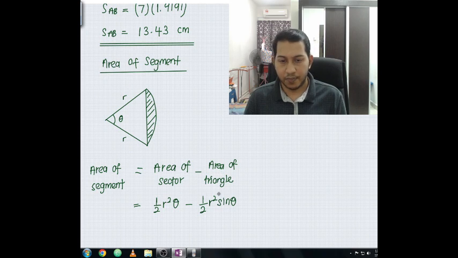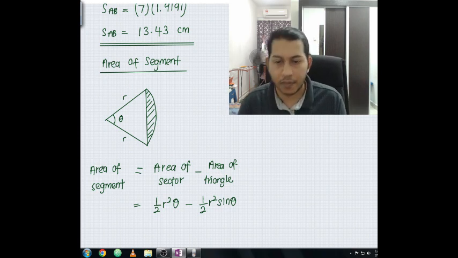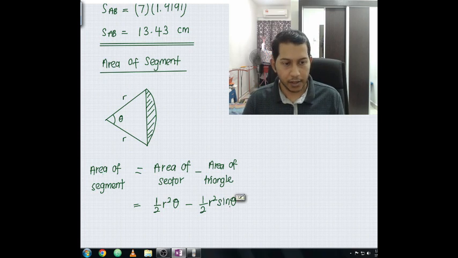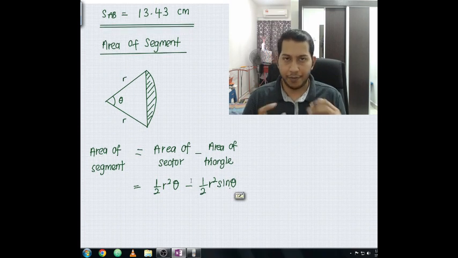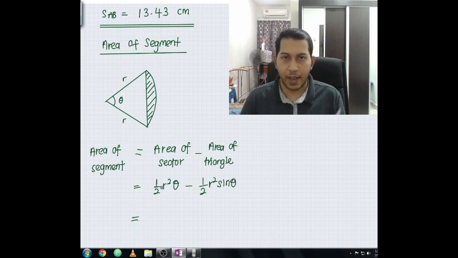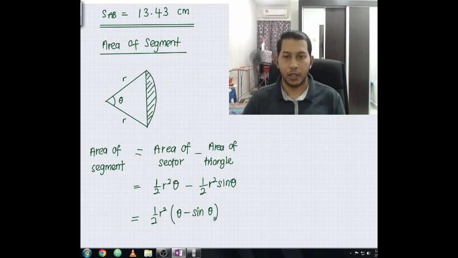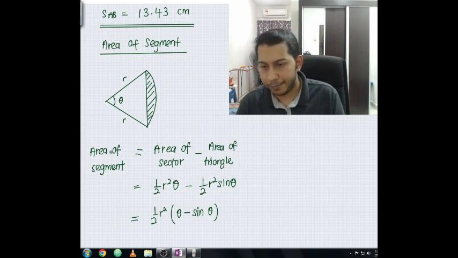So this area and this area you minus them together, so that's how you get the area of segment. This term we can further simplify. What you're going to do is the half r square we can factor out, so you only left with theta minus sine theta. So this is the simplified way.